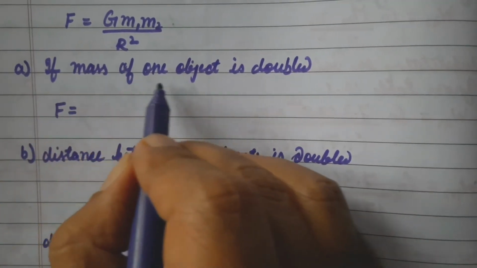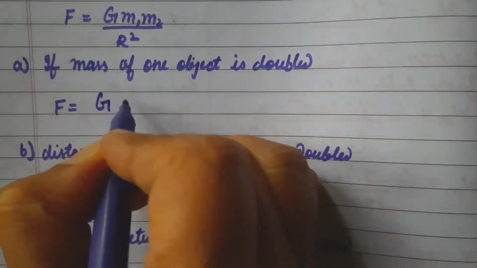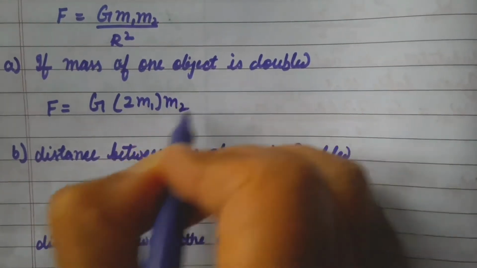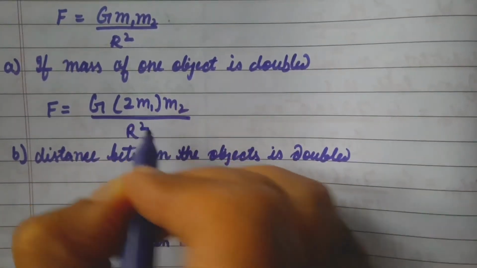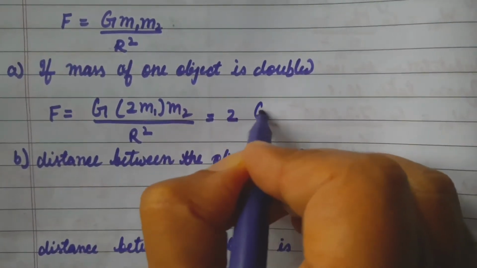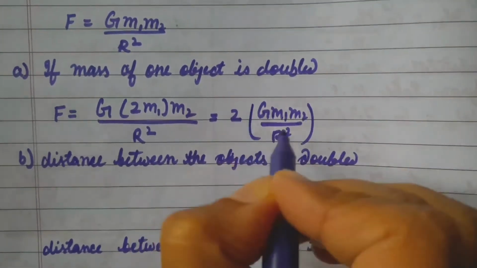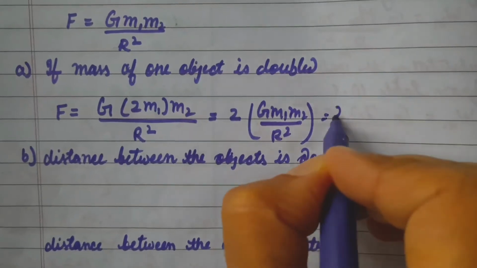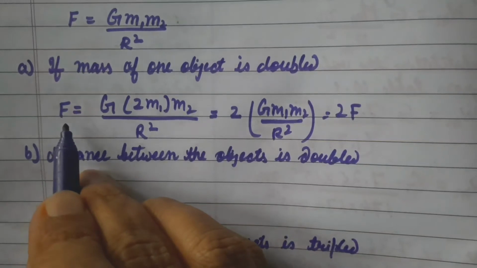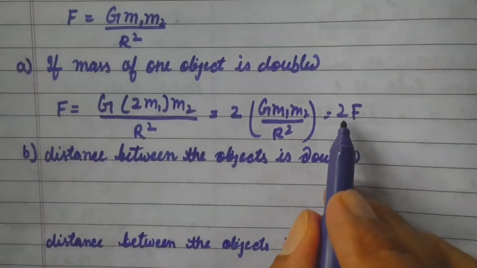First part, if the mass of one object is doubled, F equals G 2 m1 m2 upon r square. It will become 2 G m1 m2 upon r square, which is F, so it becomes 2F. What does it mean? The gravitational force between the two objects gets doubled.